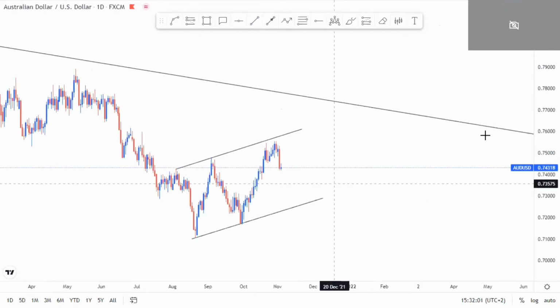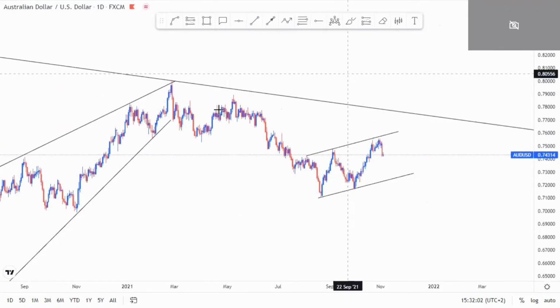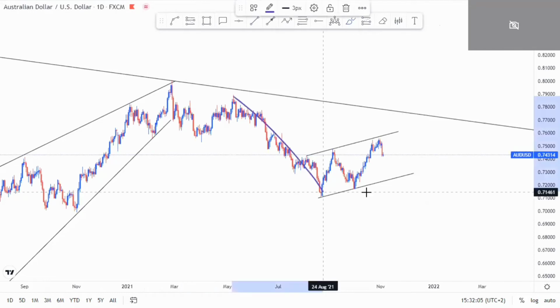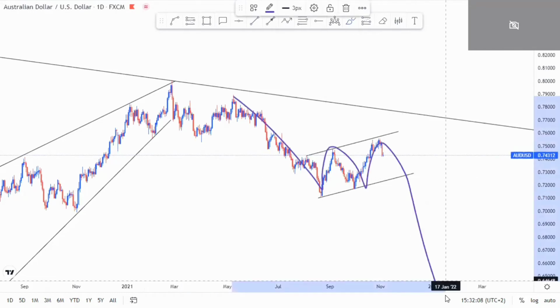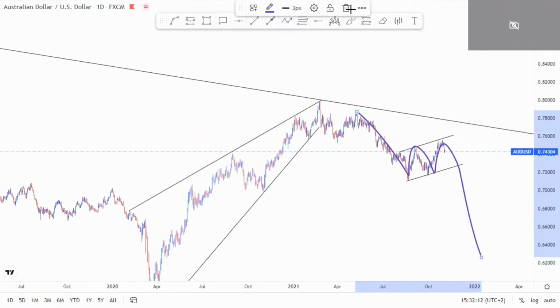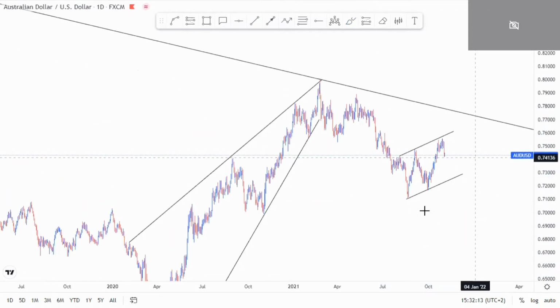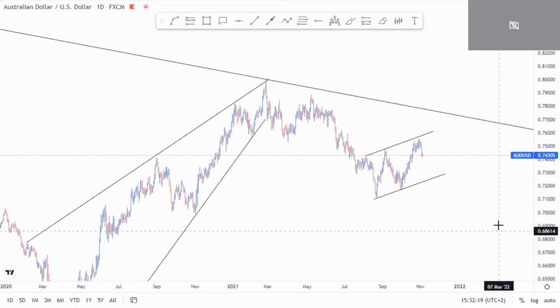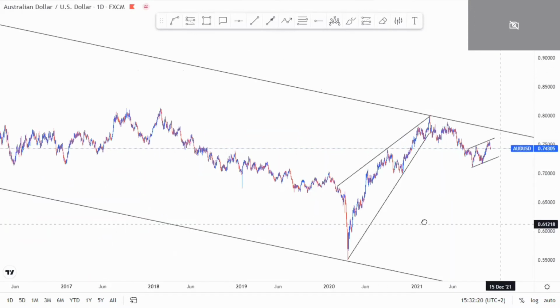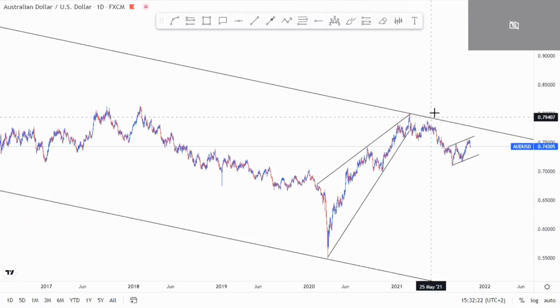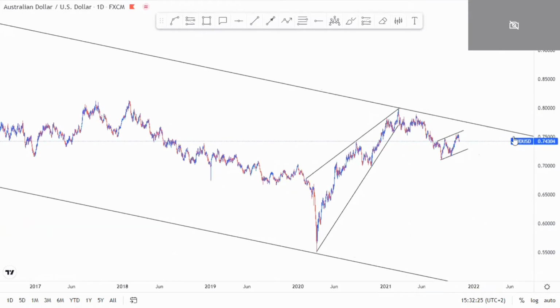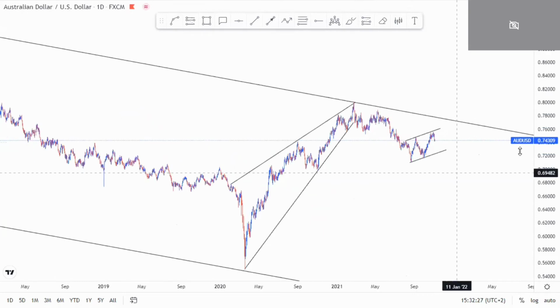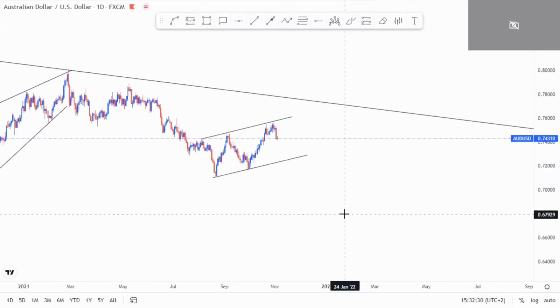So you guys can see that, okay, we can agree that this is an impulse correction, looking for the next impulse to the downside. That's the theory, at least, that I follow. So impulse correction, impulse to the downside, as you guys can see. This is so beautiful. Reversal at resistance, going all the way to the downside. So now let me go to the 4-hour time frame.